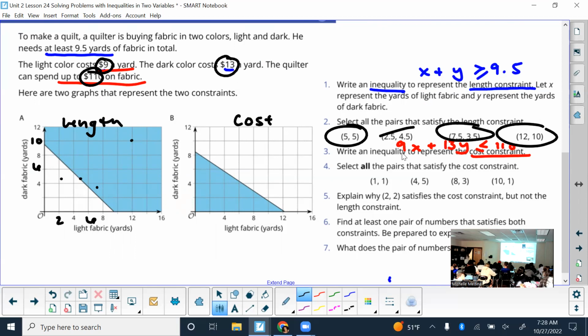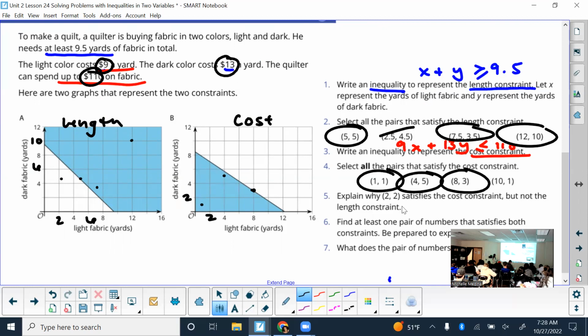All right, number 4, we're looking for pairs that satisfy the cost constraint. So 1, 1, would that satisfy it? Yeah, it'd be about there. What about 4, 5? Yeah, looks like it. 8, 3. Yeah, looks like it's right on the line. I might just have to go back there to be sure and check that one in decimal.